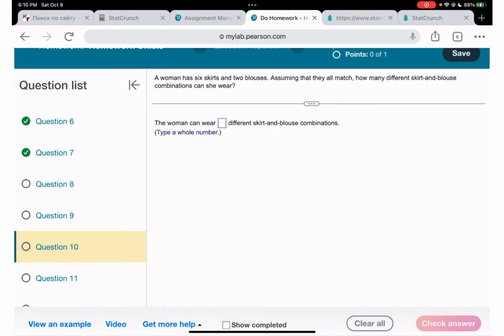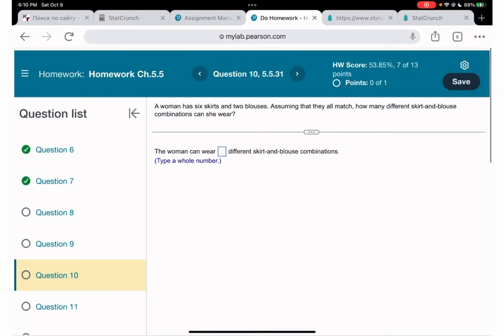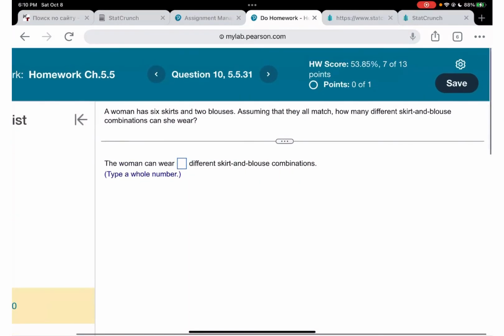Number 10. Okay, let's solve number 10. Let's see what we have for number 10. A woman has 6 skirts and 2 blouses. Assuming that they all match, how many different skirt and blouse combinations can we have?